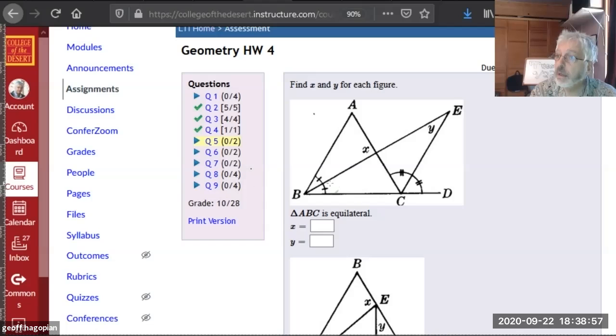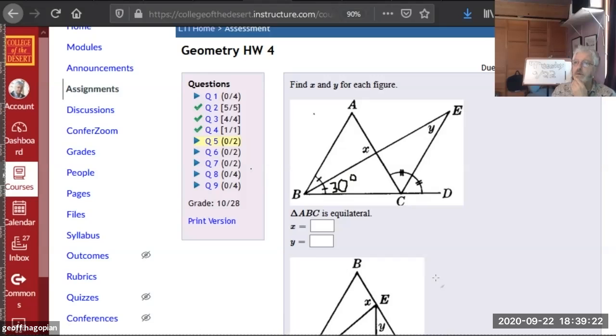Why? Well, because the angles of an equilateral triangle are all 60 degrees. 60, 60, 60. So when you bisect a 60-degree angle, you get two 30-degree angles, right? So that one there in particular is 30.